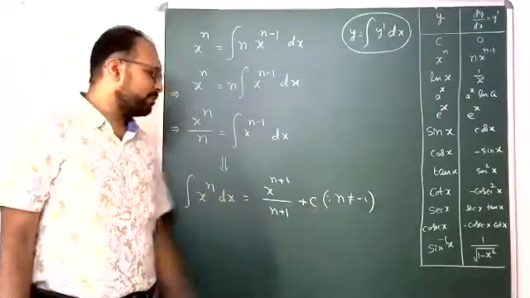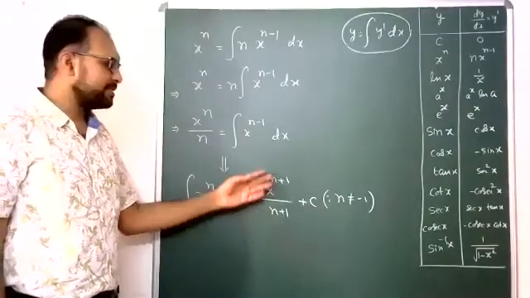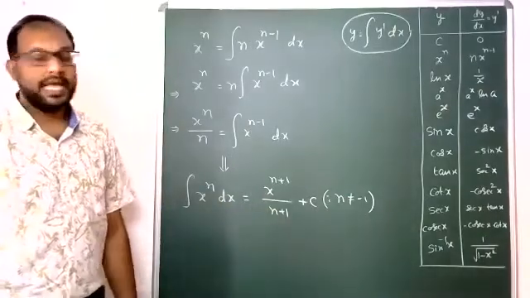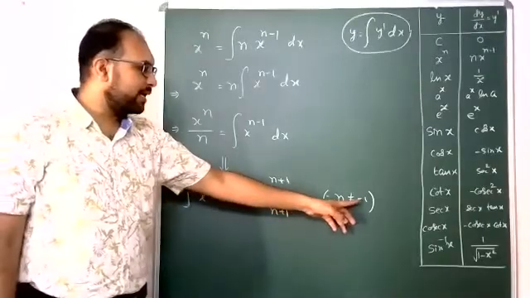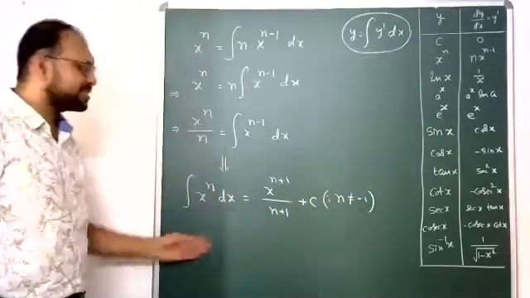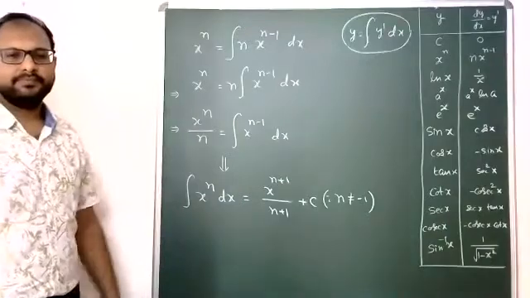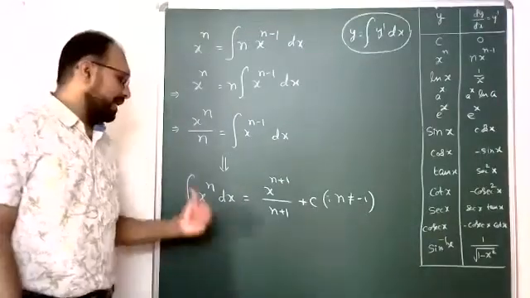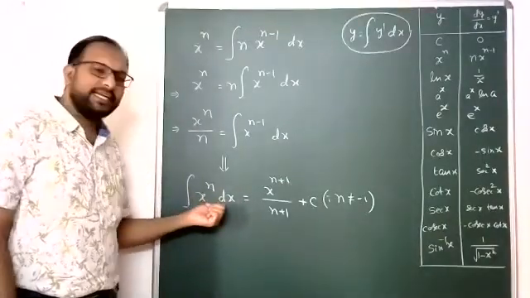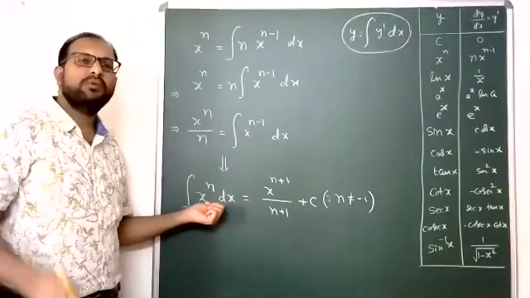Suppose here n equals minus 1, what happens? This is undefined. So that's why n not equal to minus 1, this equation is valid. Suppose integral x to the power of 1 dx, meaning n equals 1.